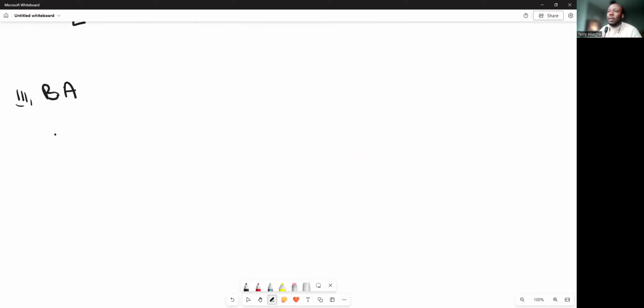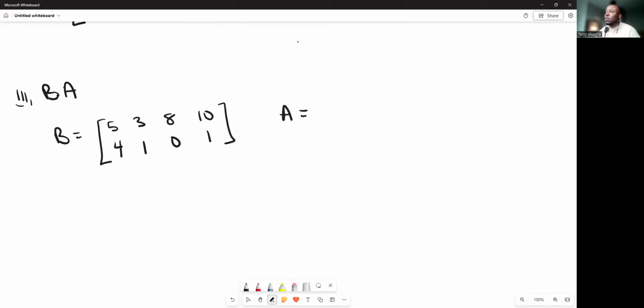So we know that B was equal to 5, 4, 3, 1, 8, 0, 10, 1. And we know A. In this case, it's just been swapped. So it's going to be 3, 2, 1, 4, 13, 12.